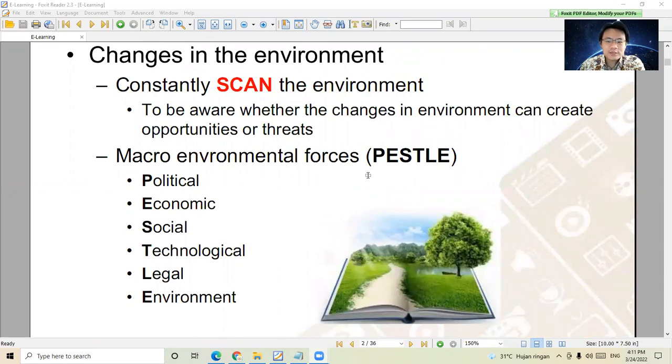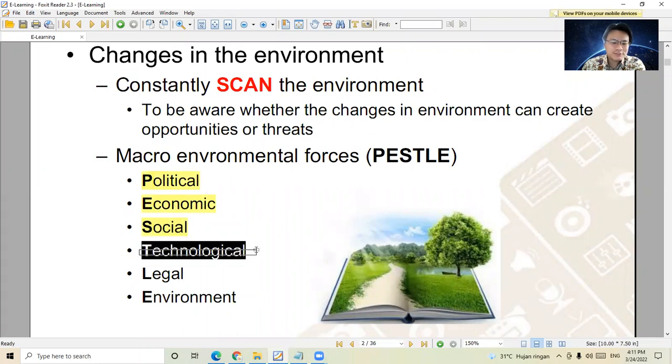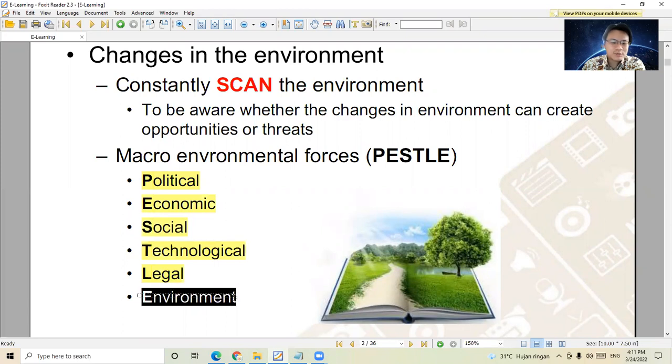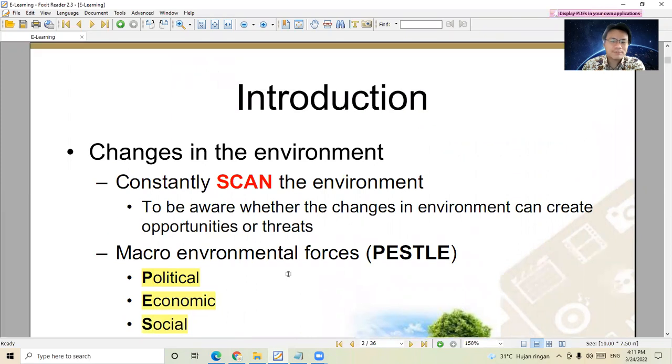It is known as PESTLE. It consists of political, economic, social, technological, legal, and the last one is the environmental factors.